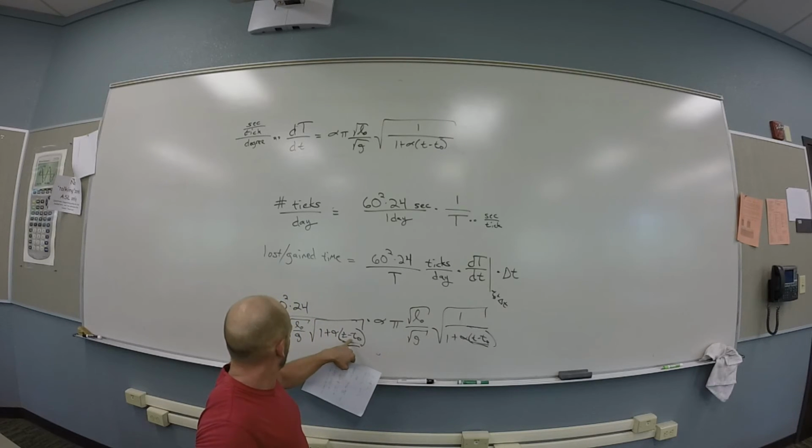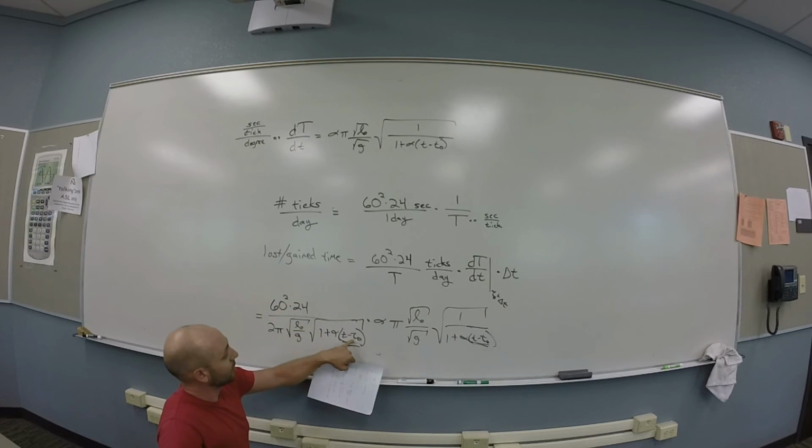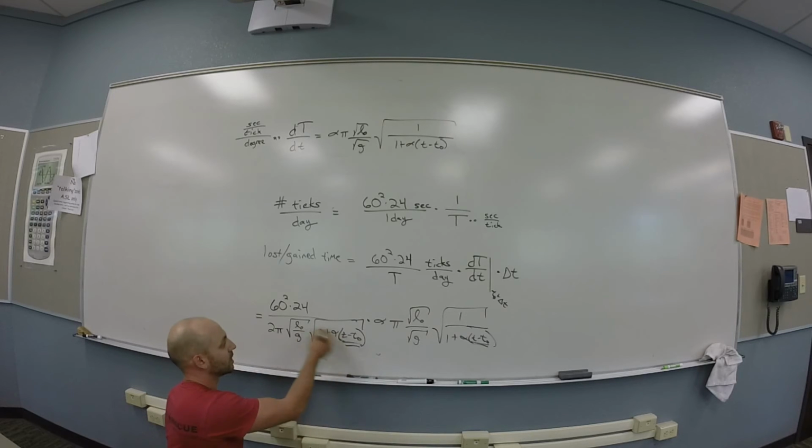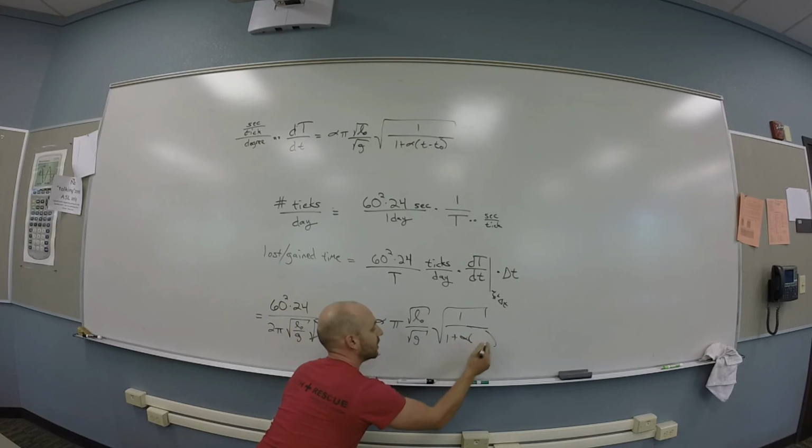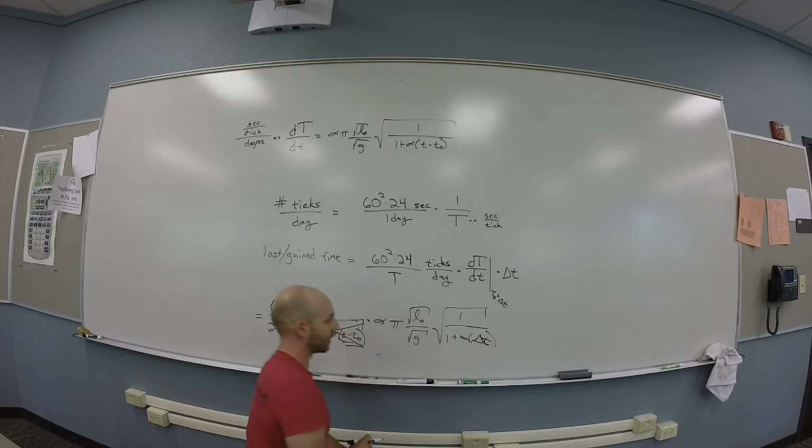Probably actually this one, that should be the number of ticks in a usual day, so that's when t equals t naught. So this one you can do a little bit better. This piece actually should be 0, so this piece should just be 1. And then this one, well, that's a delta t there. Okay, so I didn't lie to you, I fixed it.